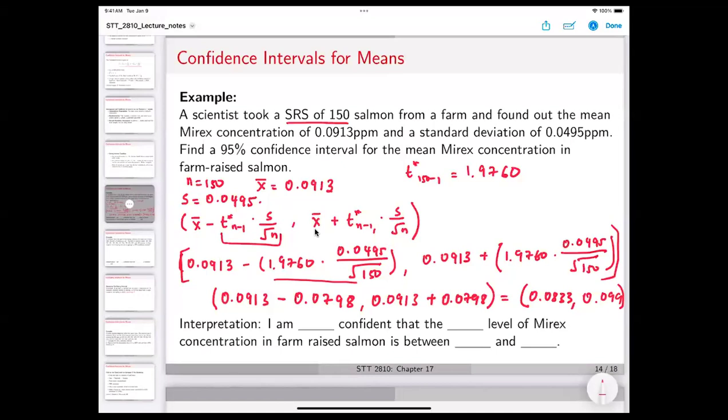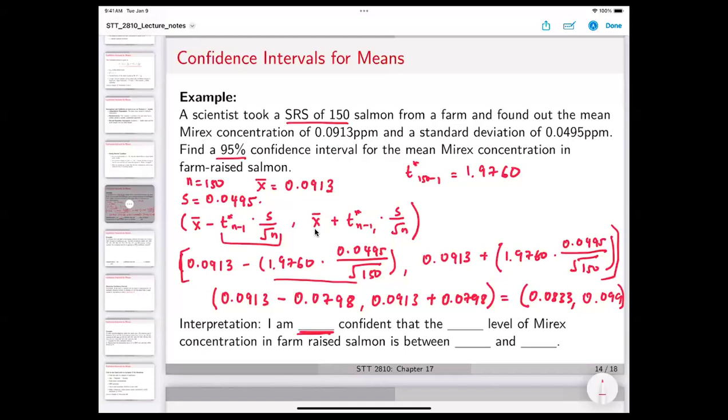Okay. Now, if this is the confidence interval, we want to learn how to interpret it. So who would help us? What should be in the first dash? I am 95% because that is the what? The confidence level.